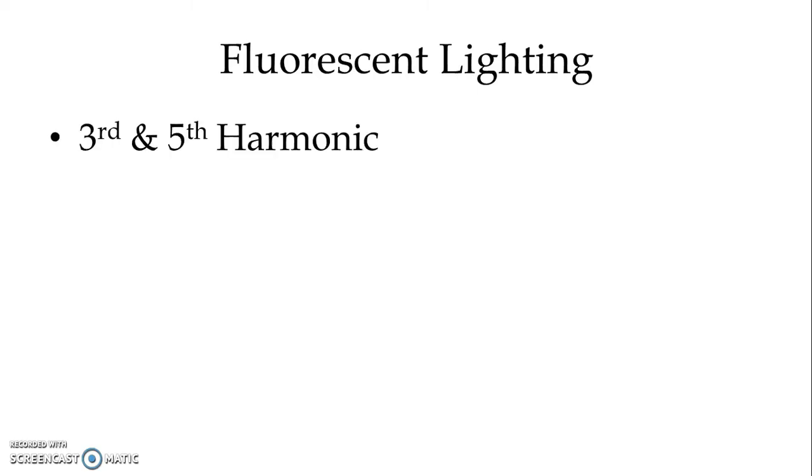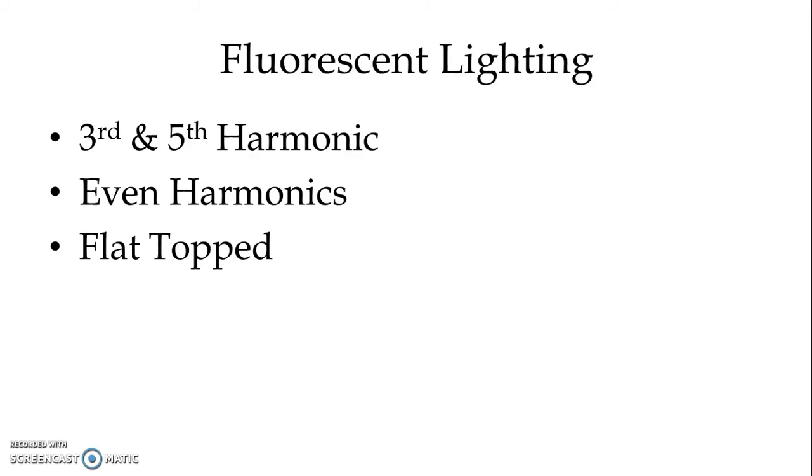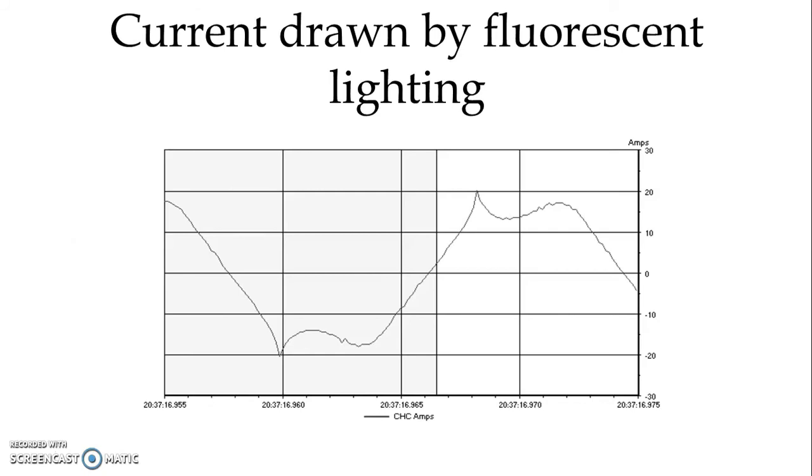If we see the waveform of the current supplied to the fluorescent lighting, we can see the significant dominant effect of third as well as fifth harmonic. We can even find certain traces of even harmonics with higher orders. The waveform is flat topped, and the total harmonic distortion is almost 18% for the current drawn by the fluorescent lighting.